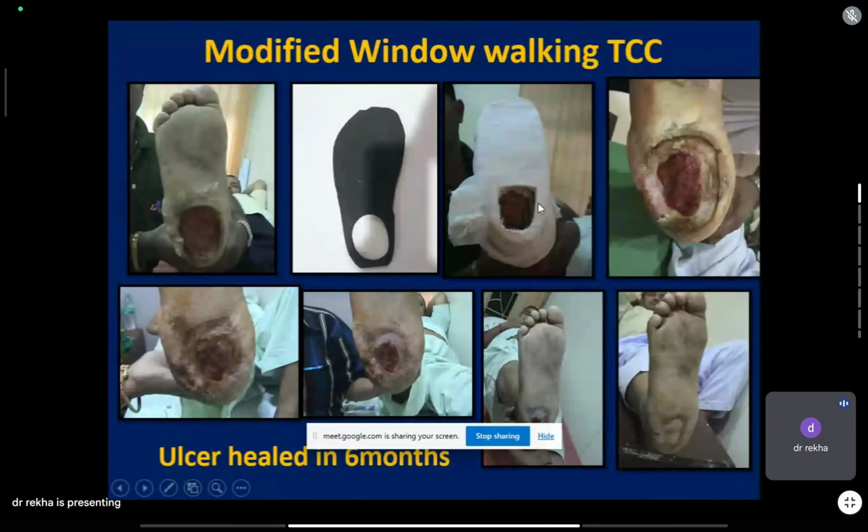And through this window, the patient's family member can dress the wound, and they can inspect the ulcer, what is the condition. Otherwise, if we close the ulcer, there may be maceration and more ulceration.